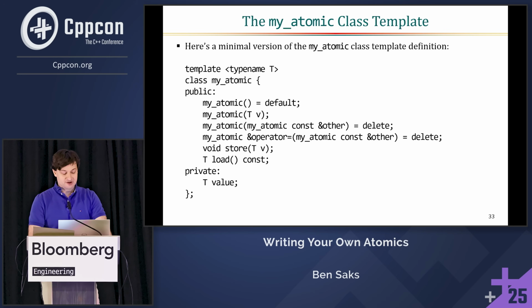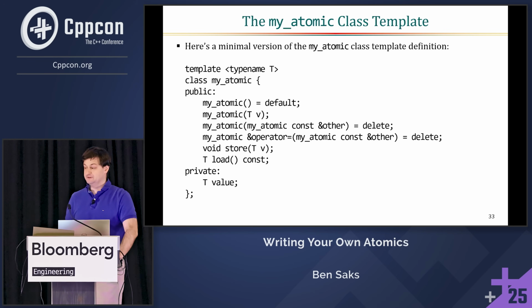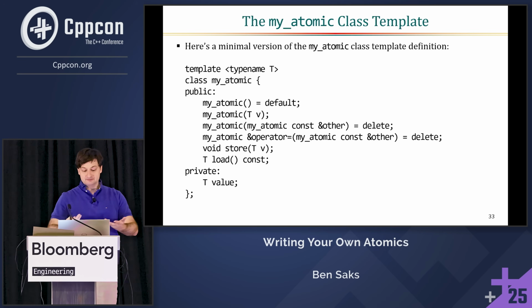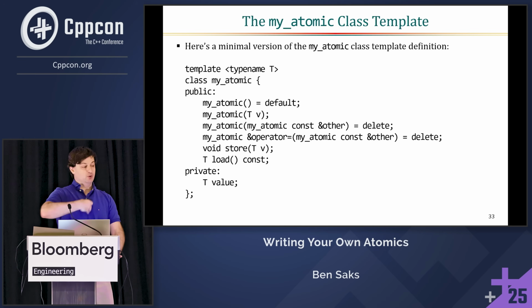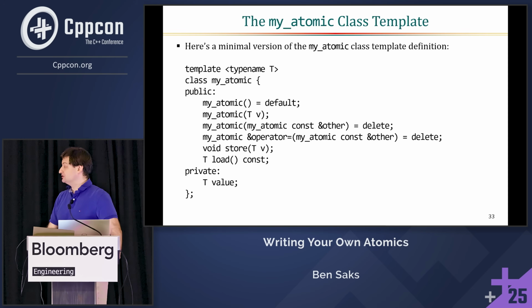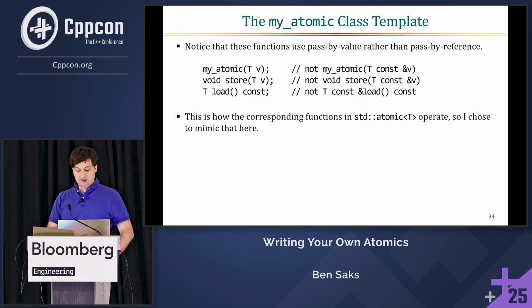You need to use the store and load functions, the load function in particular, to get the value out as a non-atomic version of the object. And then you can store that into another my atomic of the same type if you want to. Behind the scenes, it's all just using a single object of the underlying type.